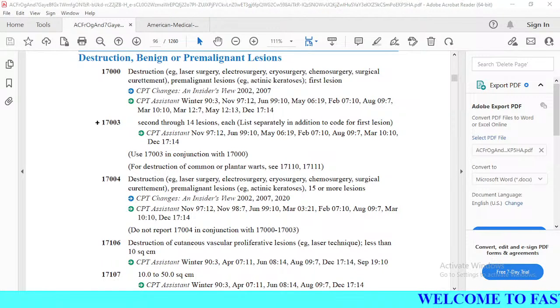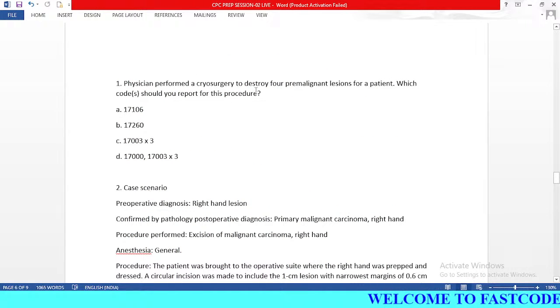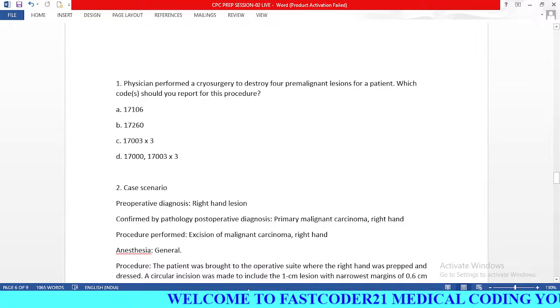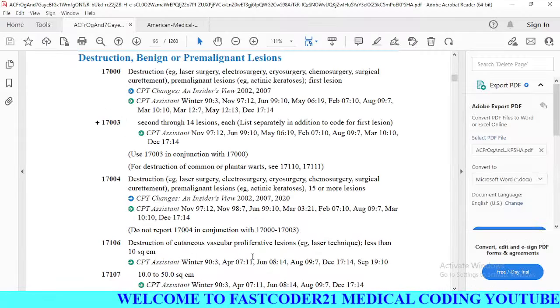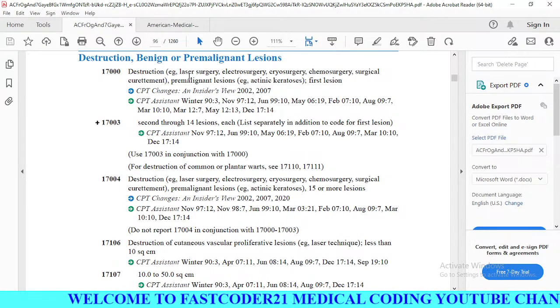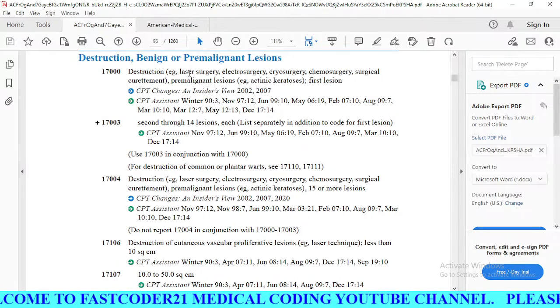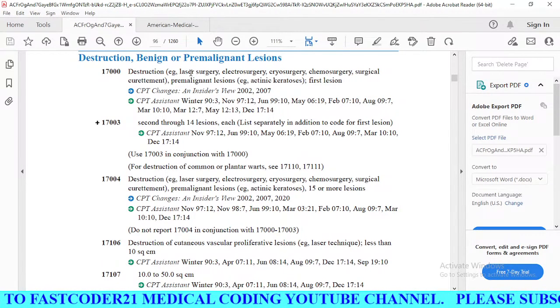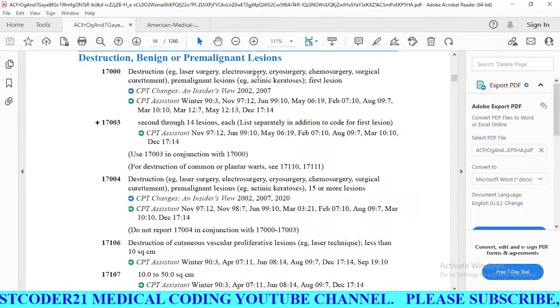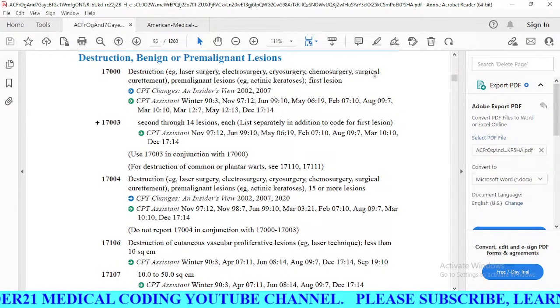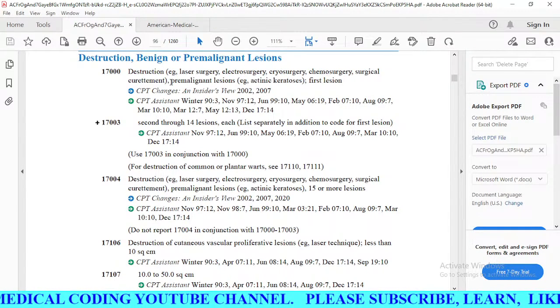As per our question, the physician destroyed 4 pre-malignant lesions, so we need to check. Destruction includes any type of surgery, for example laser surgery, electrosurgery, cryosurgery, chemosurgery, surgical curettement.